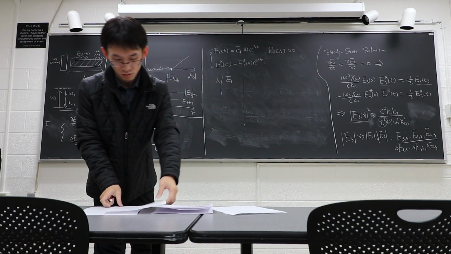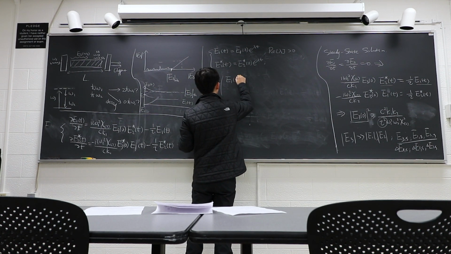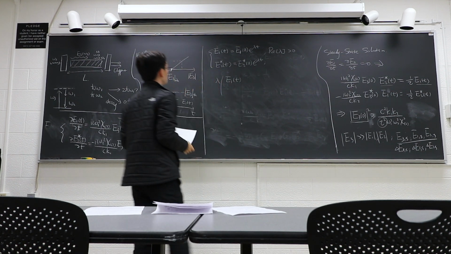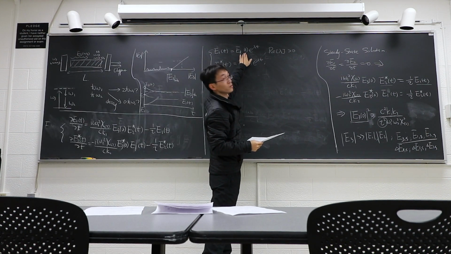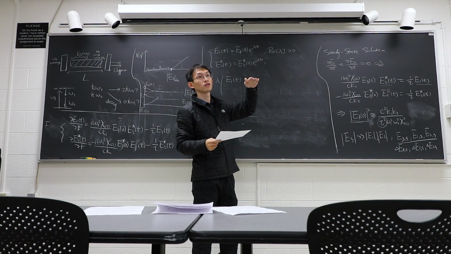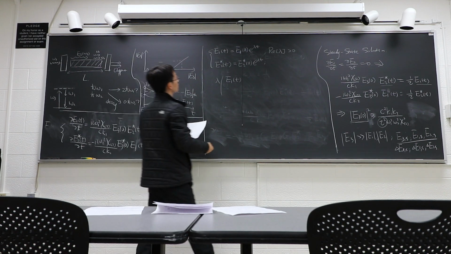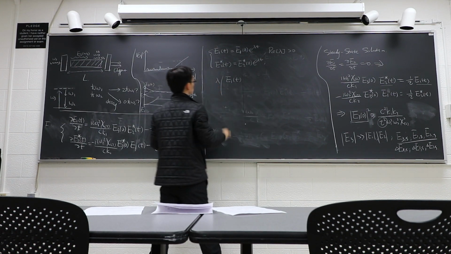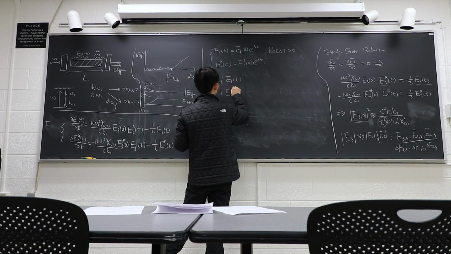The math is the same, so I'll keep the t here, because it doesn't necessarily need to be E1 at 0. It could be at a certain time, because the vacuum fluctuation itself is fluctuating, so it's not always 0. So let's keep the t here.